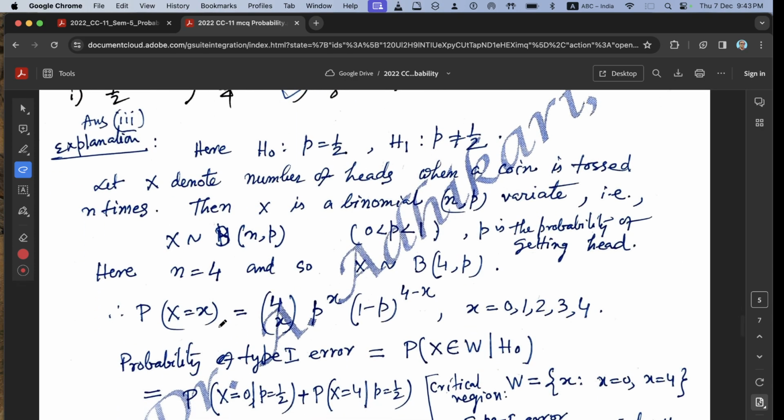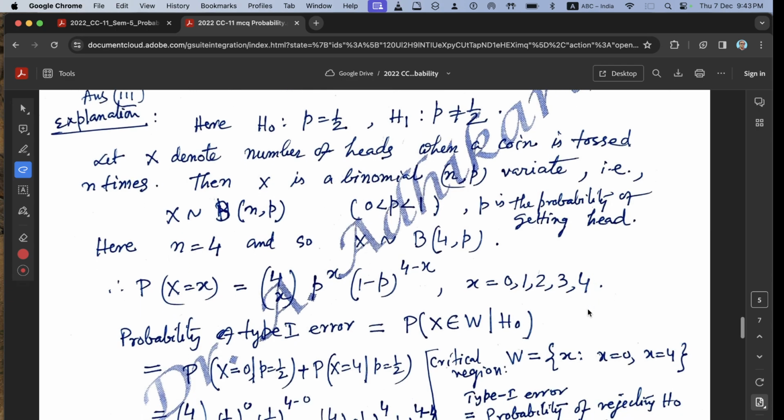Now the probability of capital X equal to small x equals 4Cx p to the power x, bracket 1 minus p to the power 4 minus x, where small x equals 0, 1, 2, 3, 4. Now probability of type 1 error equals the probability of capital X belongs to the critical region W, when H0 is true.